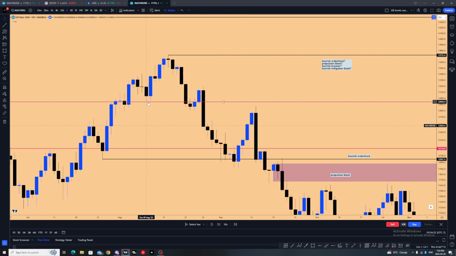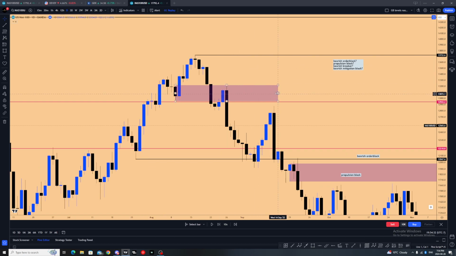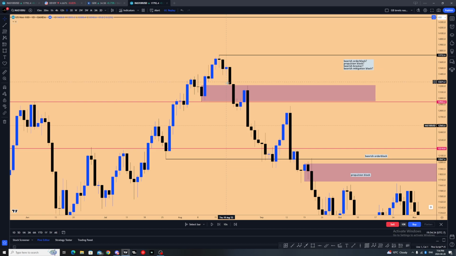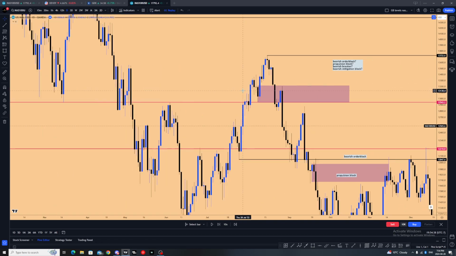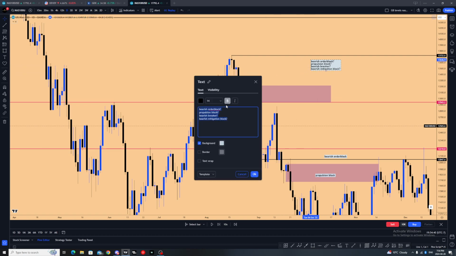Since this is an SR level and you are forming an up candle, this is a bullish order block, right? Now, when this bullish order block breaks, would this be classified as a bearish breaker or a bearish mitigation block?